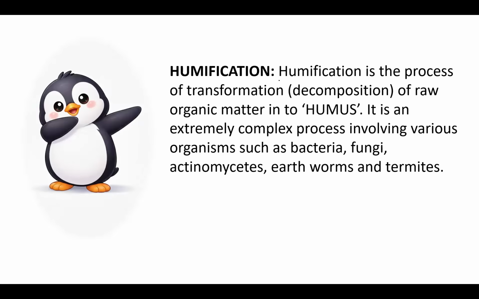Humification is the process of transformation, that is, decomposition of raw organic matter into humus. It is an extremely complex process involving various organisms such as bacteria, fungi, actinomycetes, earthworms and termites. So this is your formal definition of humification.